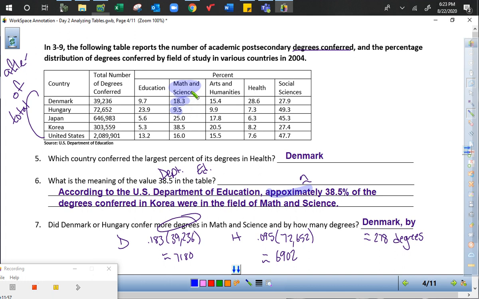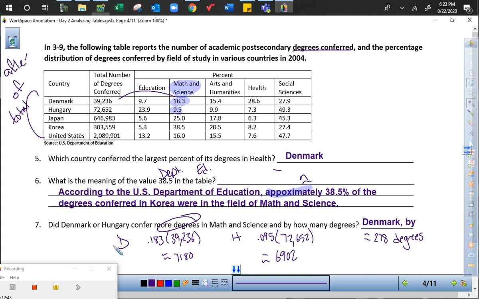What we want to do is put them back in terms of the number of degrees. To do that, we just have to multiply. But in order to do that, we have to multiply by the decimal, not the percent. So remember, always just move that decimal back 2 places. So we'll take this times this.